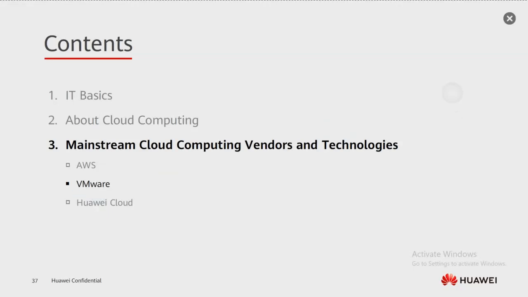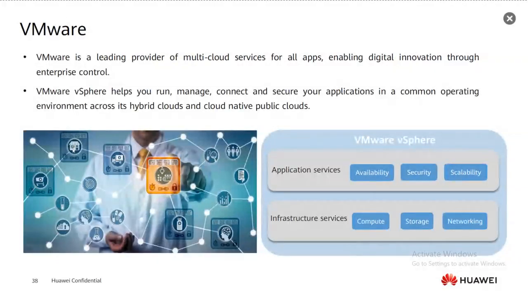Let's look at another one, VMware. VMware also provides a lot of virtualization technology that are cloud-based. They provide availability, security, and scalability on their applications. On the infrastructure side, they provide computing, storage, and network also.